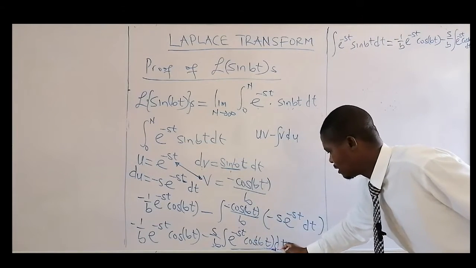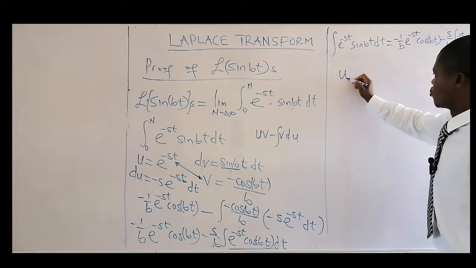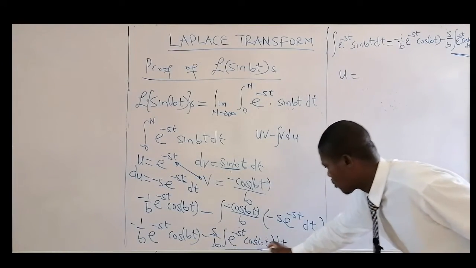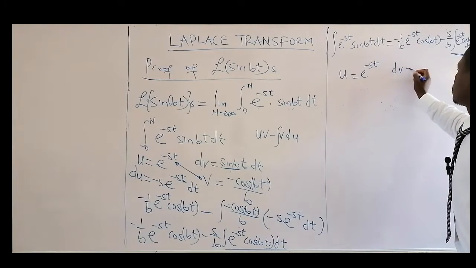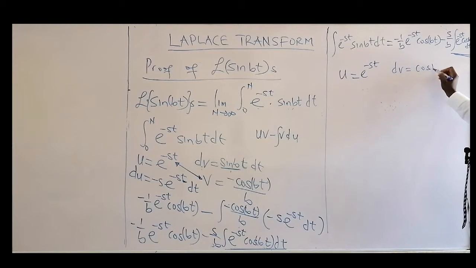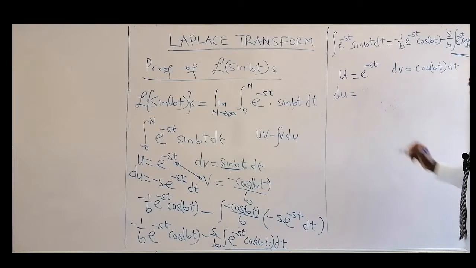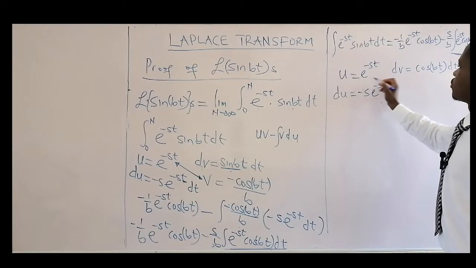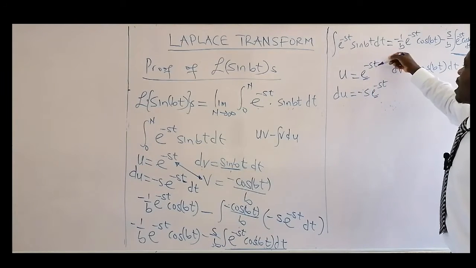We're going to apply integration by parts again. So where u is this, e to the minus st, and then dv is equal to cos bt dt. So du is equal to: we differentiate this, we keep the function, then times the derivative of the power.